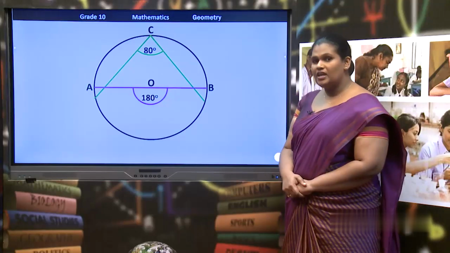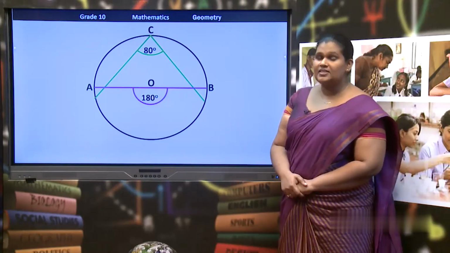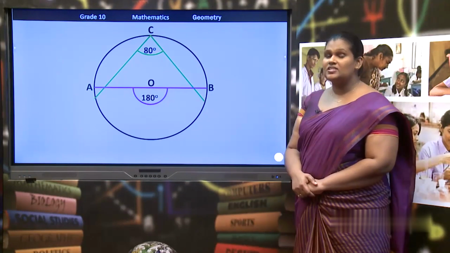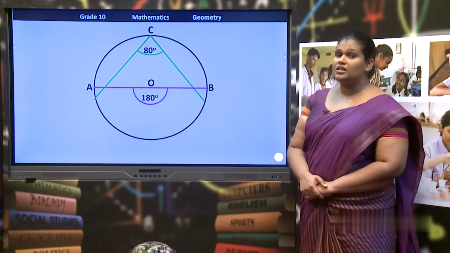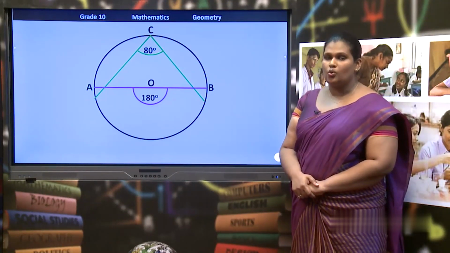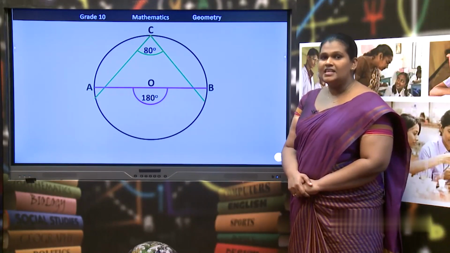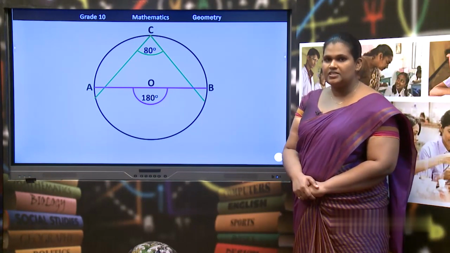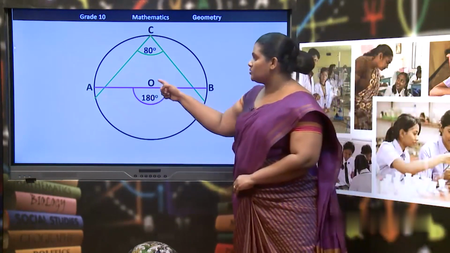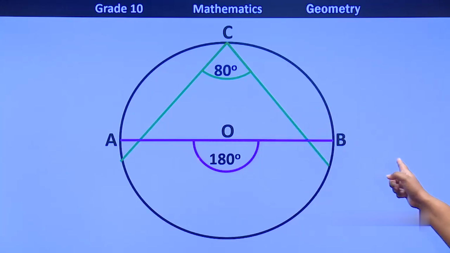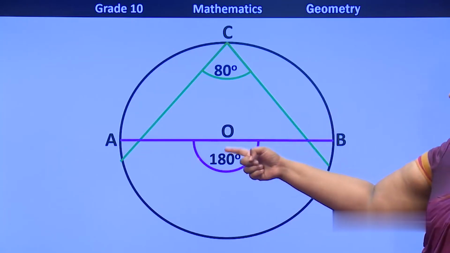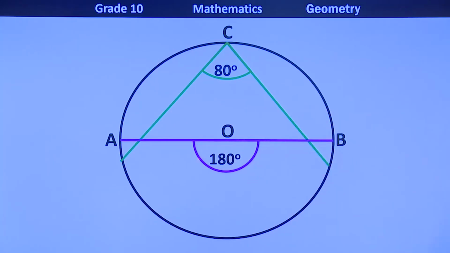Now, if we draw a straight line segment through a circle and it is going through the center O, what can you say about that? That is the diameter of the circle, isn't that so? AO is the radius, OB is also a radius. So, if the angle is 180 degrees, of course, AOB should be the diameter of this circle.